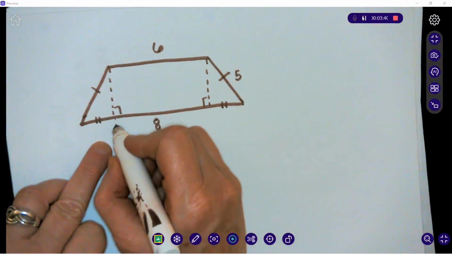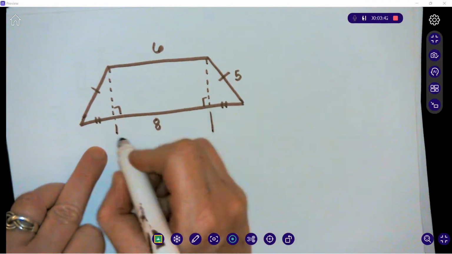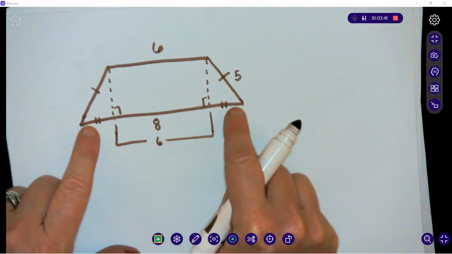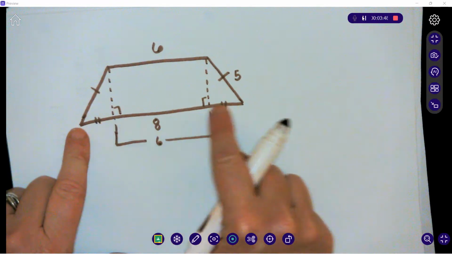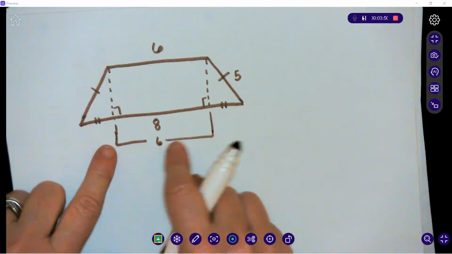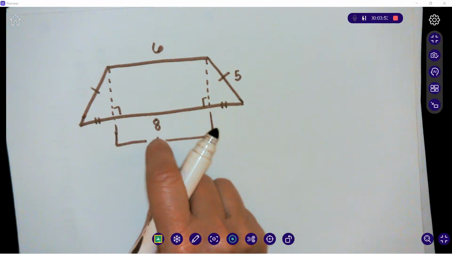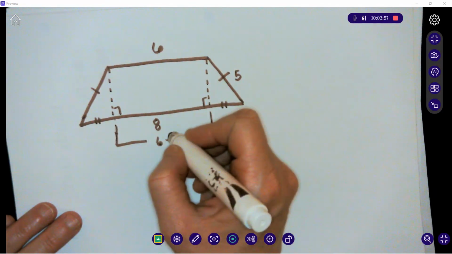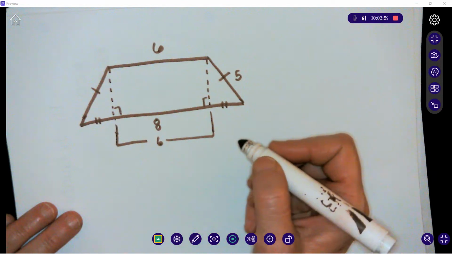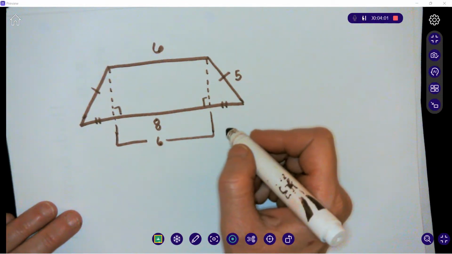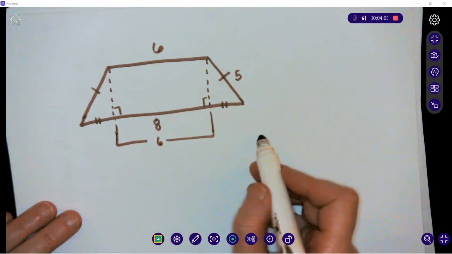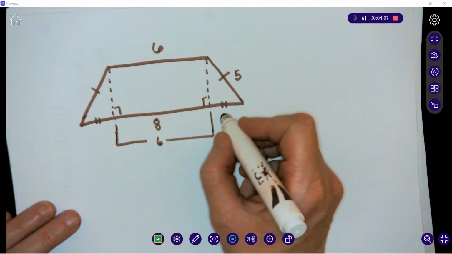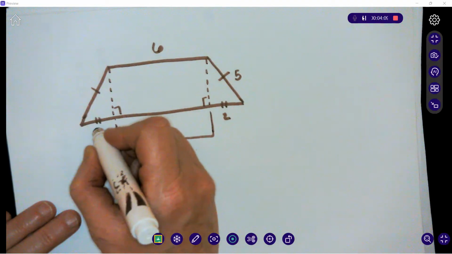So from here to here would be 6. So that leaves these two pieces on the other side. The whole thing is 8 and this is 6. So that means that this one altogether has to equal 10 because they told us that this base along the bottom was 10. So that would make this side 2 and this side 2.